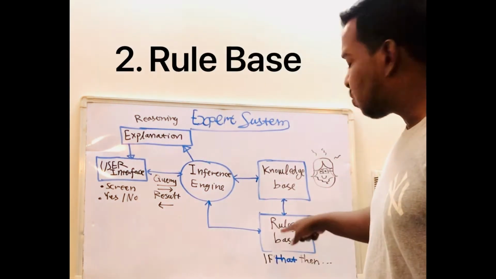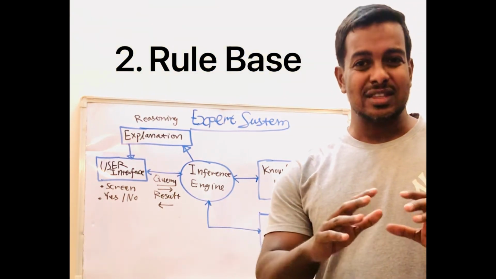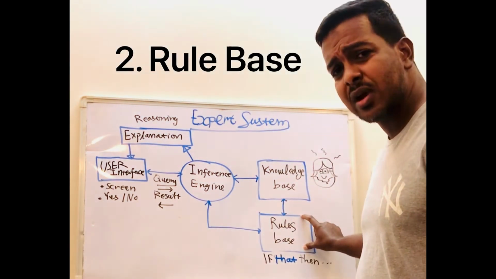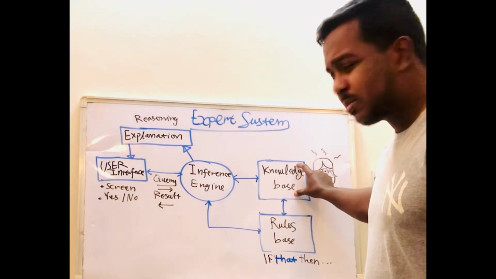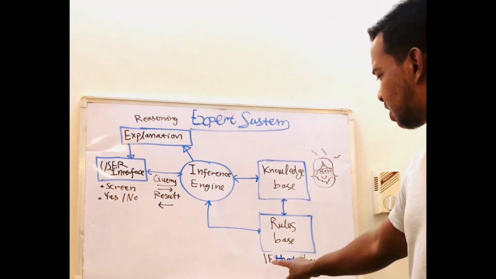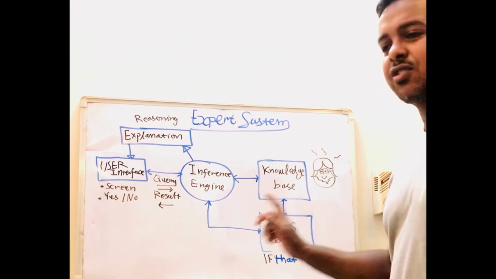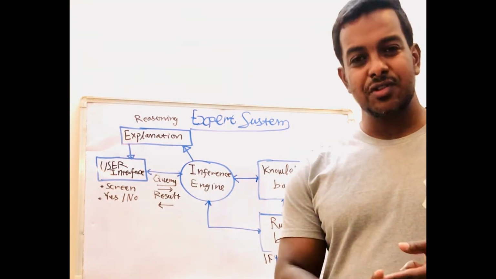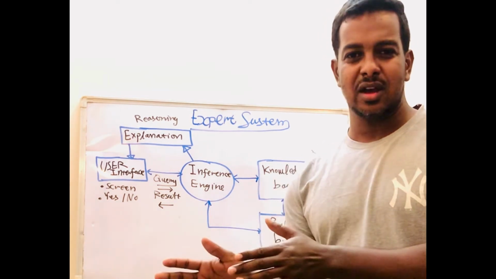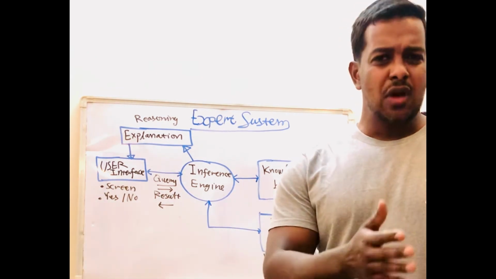So what is the rule base? The rule base is the reasoning software developed by the programmer. This is the program part of the software. So the knowledge base is a database, and the rule base is software, usually in the shape of if-then. For example, if you have a fever, then you have a flu. If you have a fever, you have malaria. If you have a fever, maybe you have coronavirus, and so on.